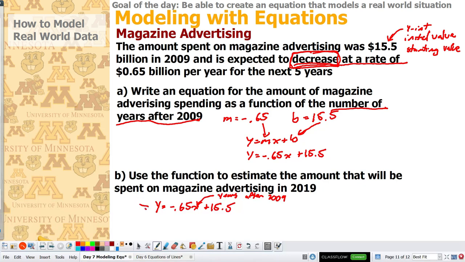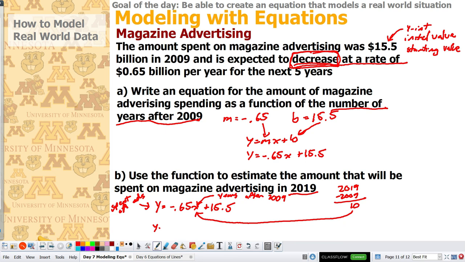And then it's going to tell you the amount spent on advertising ads. All right, so they are saying, okay, how much is spent in 2019? So first I have to figure out how many years after 2009 is 2019, right? And I can just do that by going 2019, take away the 2009, and I get 10, right? So this is 10 years after. So that's what I plug into my x.